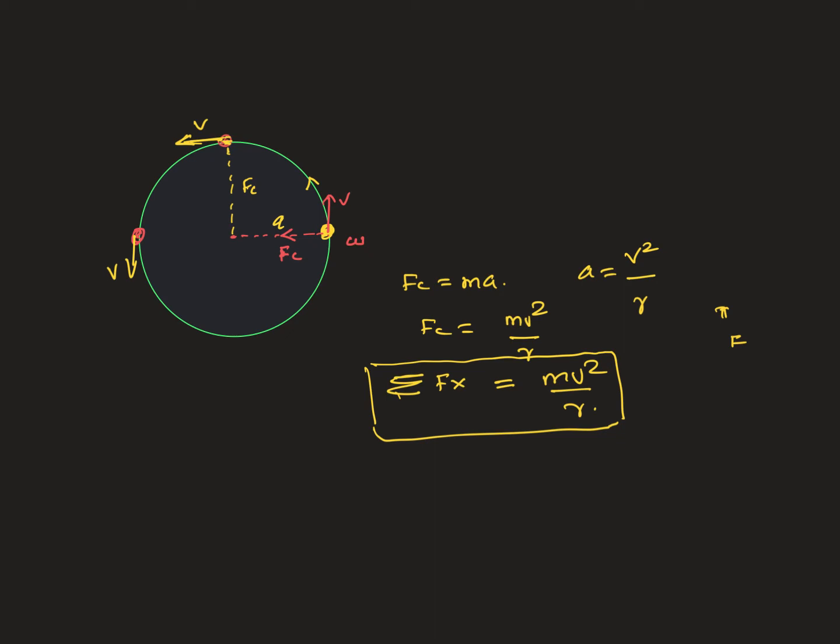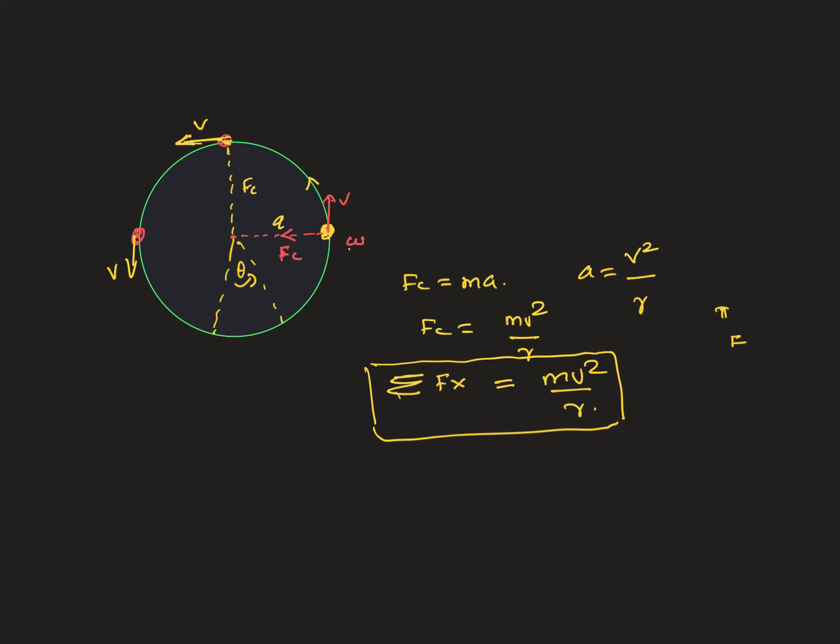So we discussed centripetal force, we know what centripetal acceleration is, and we know what the velocity is, and also there's an angular velocity. So let's look at some of the basic concepts we need to understand to solve these types of problems. So what is angular velocity? Say, for instance, this is theta.